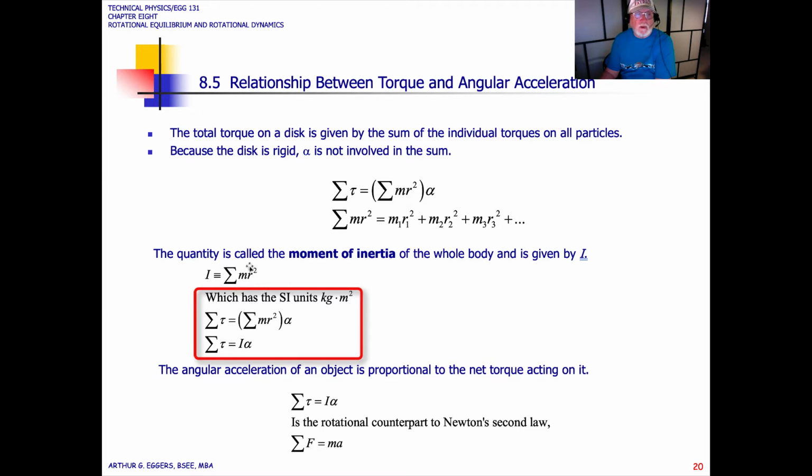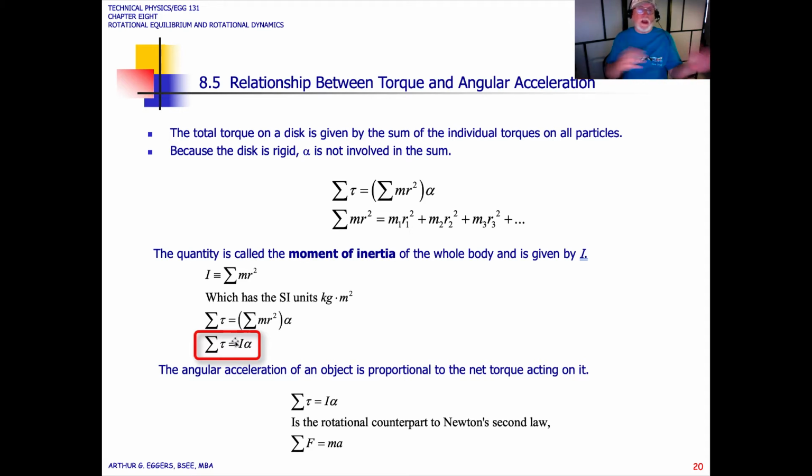Looking at the relationship, mass is in kilograms and radius is in meters, so kilograms times meters squared. If we put that back into the first relationship, the summation of all the torques is equal to the summation of all the mass times radius squared times the angular acceleration, and for simplicity we substitute the letter I.